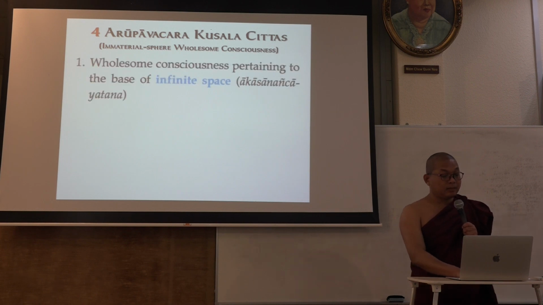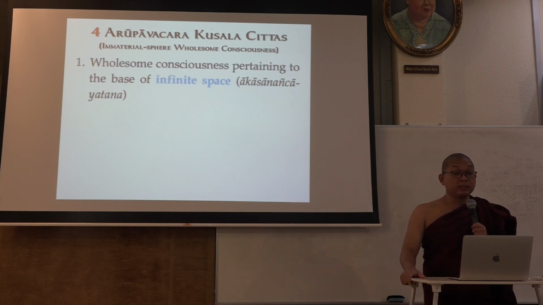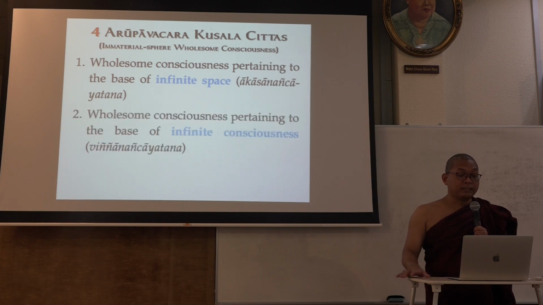So let's talk about the four Kusala Chetas. Number one, wholesome consciousness pertaining to the base of infinite space. Later you will know what infinite space is. Then the second is wholesome consciousness pertaining to the base of infinite consciousness. That means your meditation object is consciousness, the second jhana.